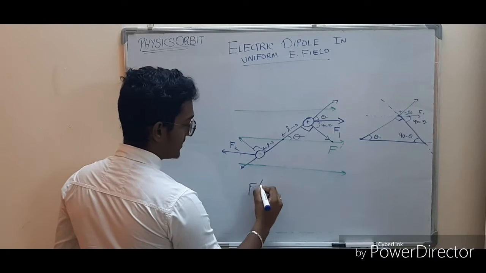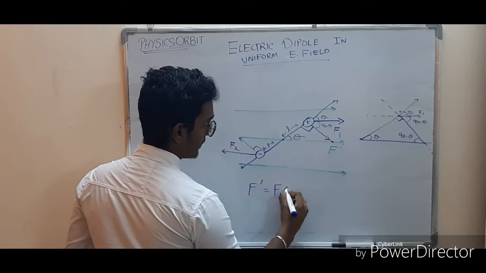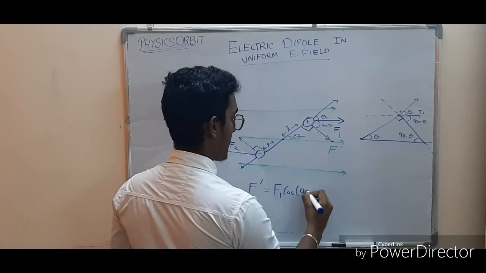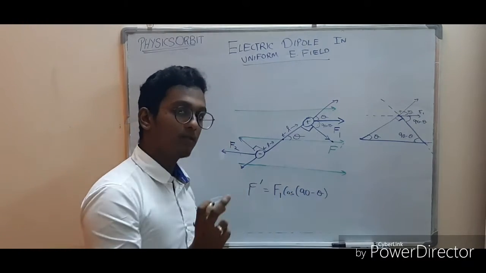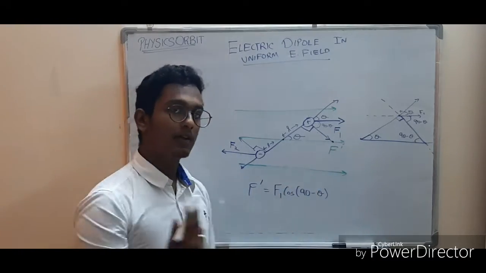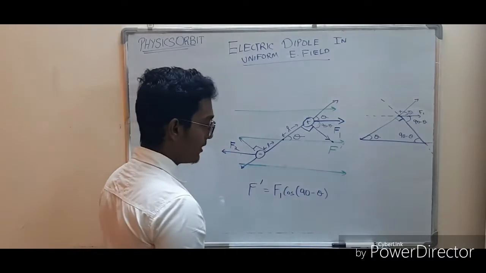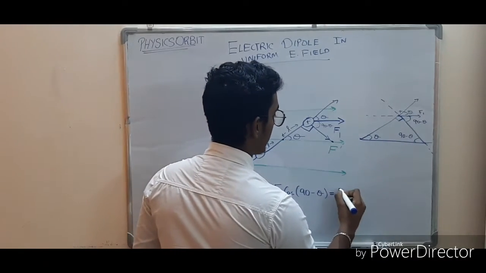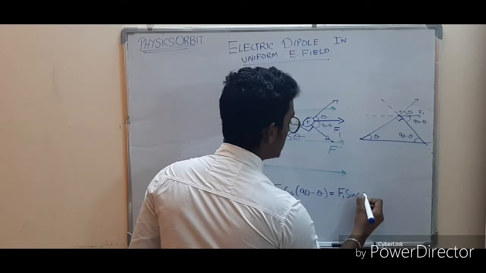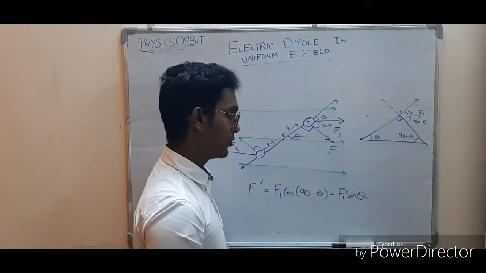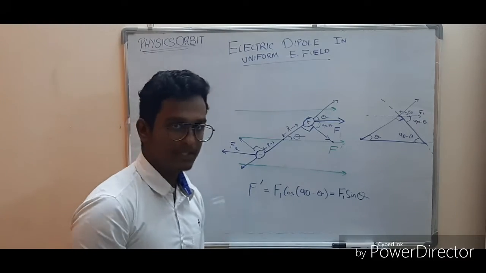F dash equals F1 cos of, what's the angle? 90 minus theta. We have to always consider the angle which is between the actual vector and the component, for this case. So what's cos 90 minus theta? It's sine theta. So it is F1 sine theta. So this side's job is done. You don't actually need to calculate the other component, but if you do, you'll find it is F1 cos theta.